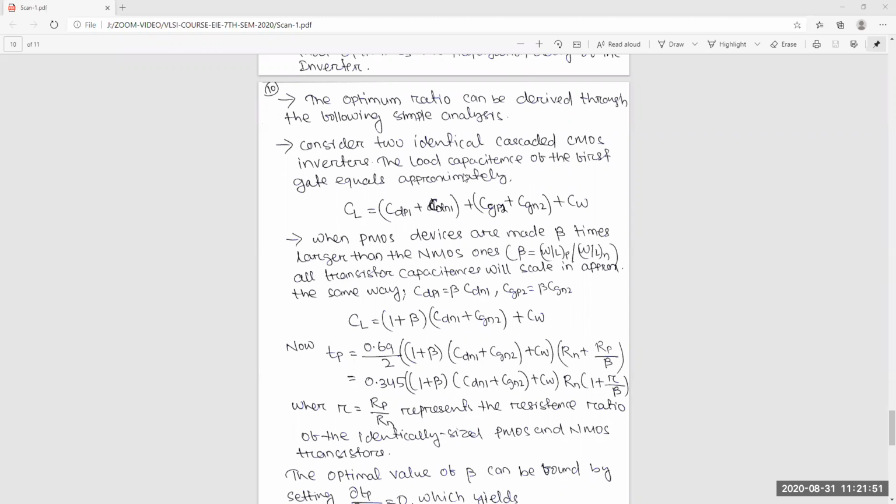Just I'm drawing this thing. So this is the first inverter, and this is your next inverter. Here we are calculating CL.